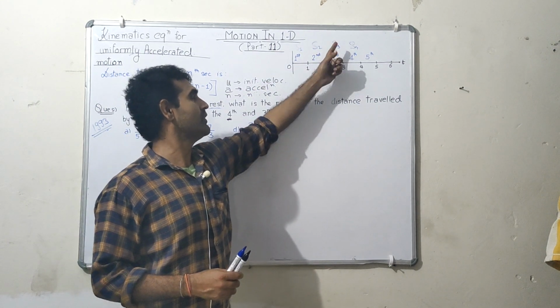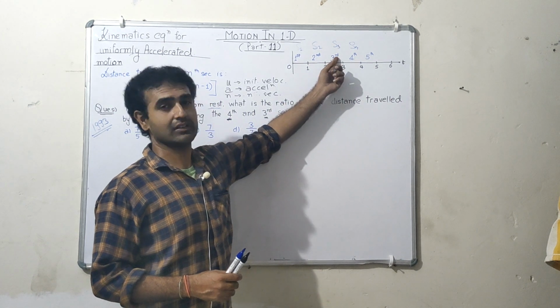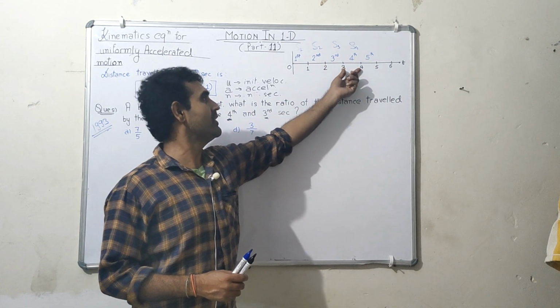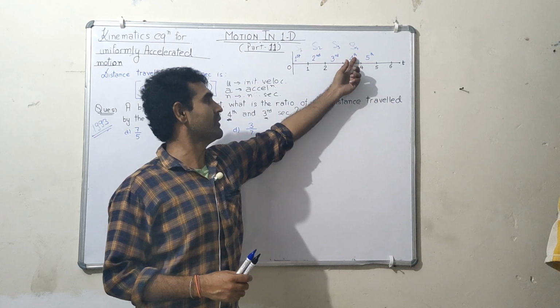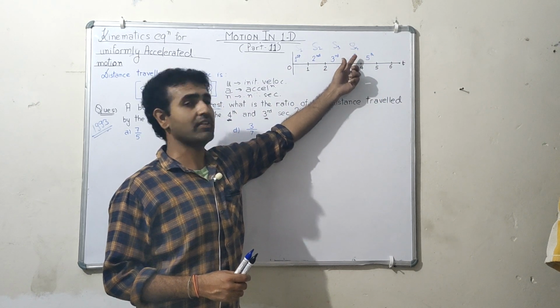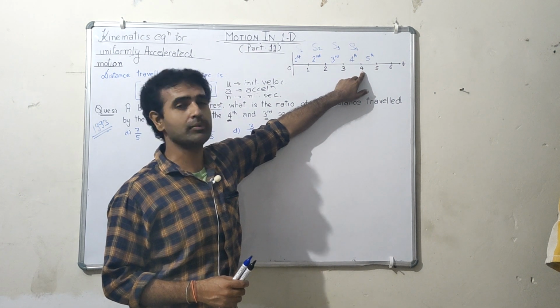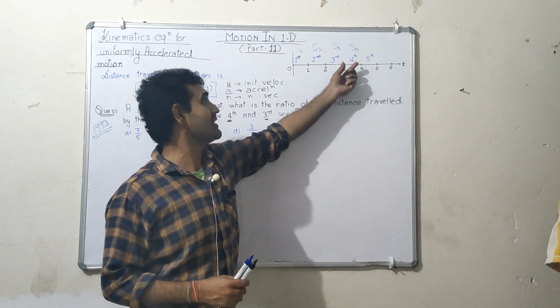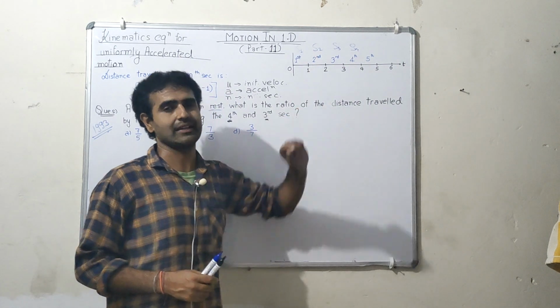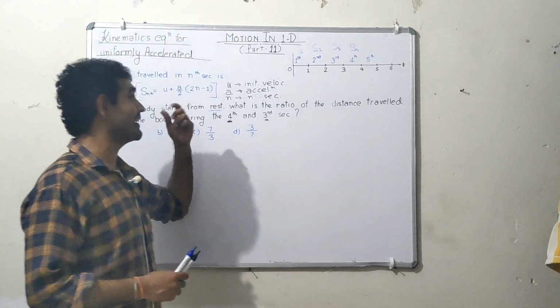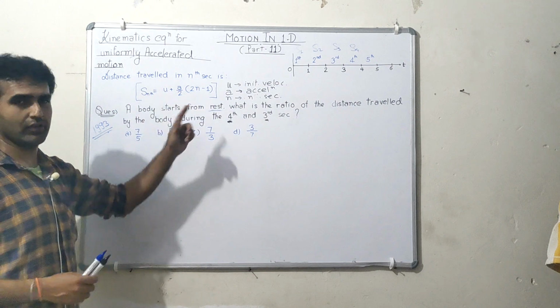Similarly, for the third, we will take the third distance traveled. Similarly, for the fourth, it is the distance traveled in the fourth second. Similarly, if instead of 4 here it had been n, then this distance would have been called the nth second. So the formula for the nth second has been given by this formula.